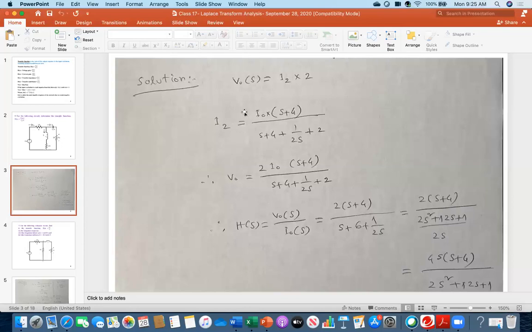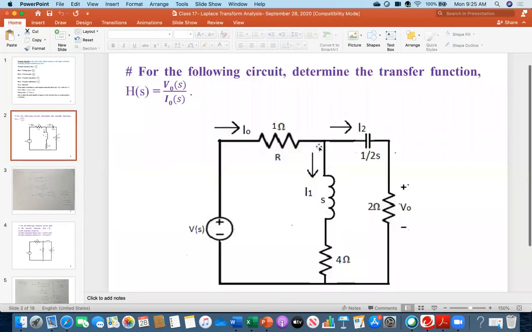You see, this I2 is the current divider rule. When you have 2 parallel branches, how do you calculate the current? For example, if you want to find the current through this branch, then it is the total current multiplied by this combination, divided by the sum of this. So in this problem, I am finding the current I2.